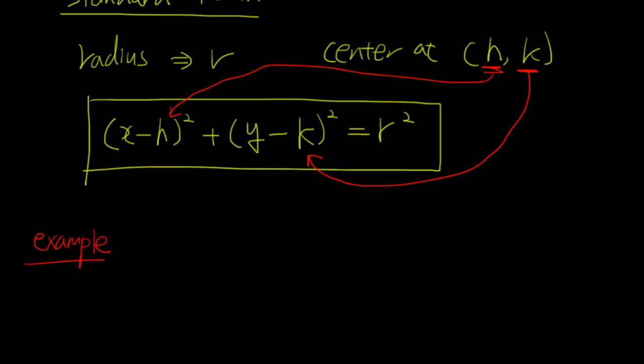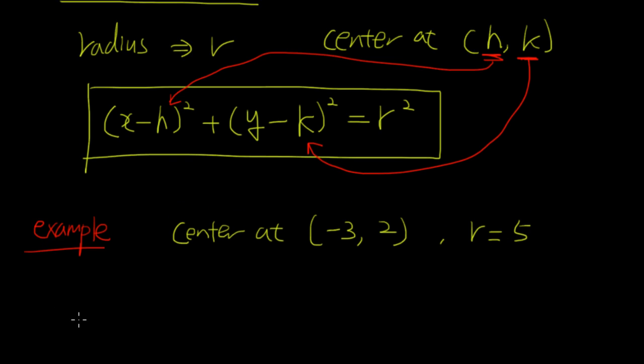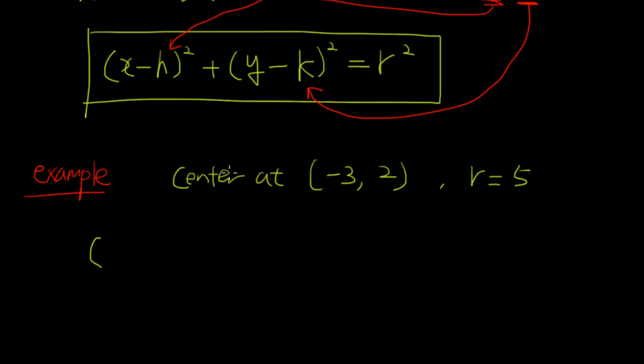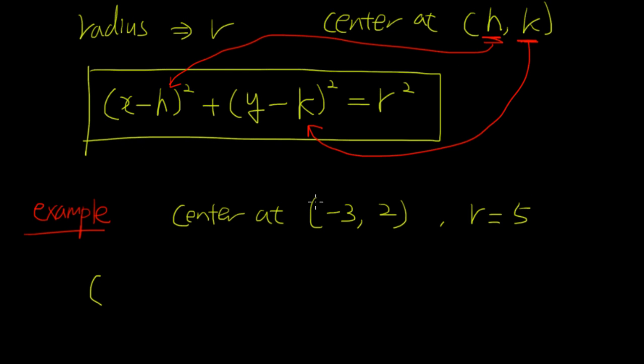So, if I give you an example, let's say centered at -3 and 2 and has radius as 5. Now let's figure out the equation of the standard form of circle. So remember, it's going to be the opposite.